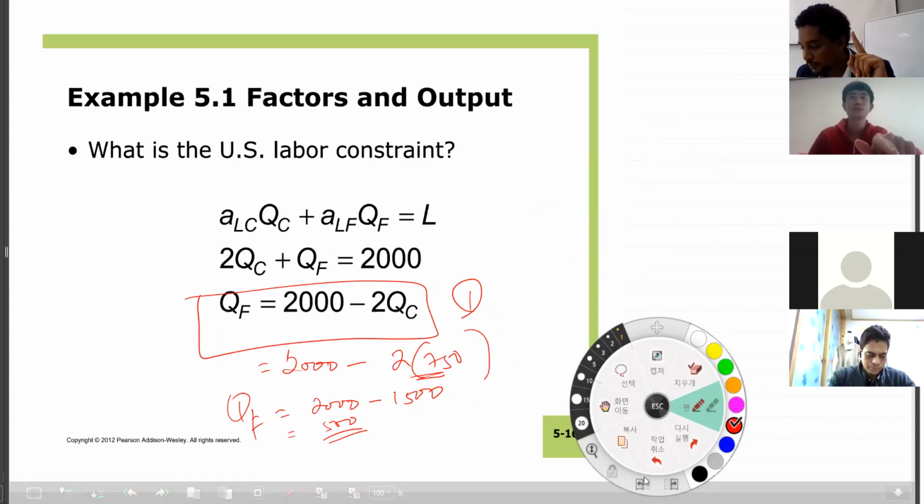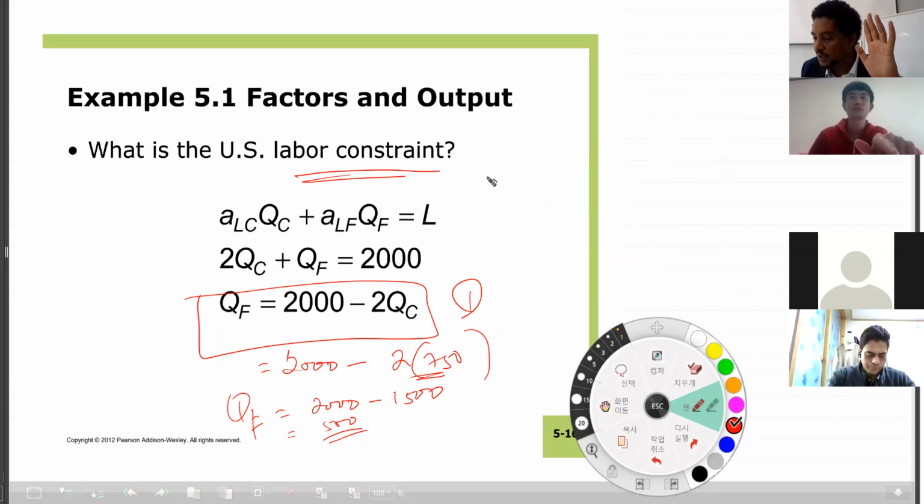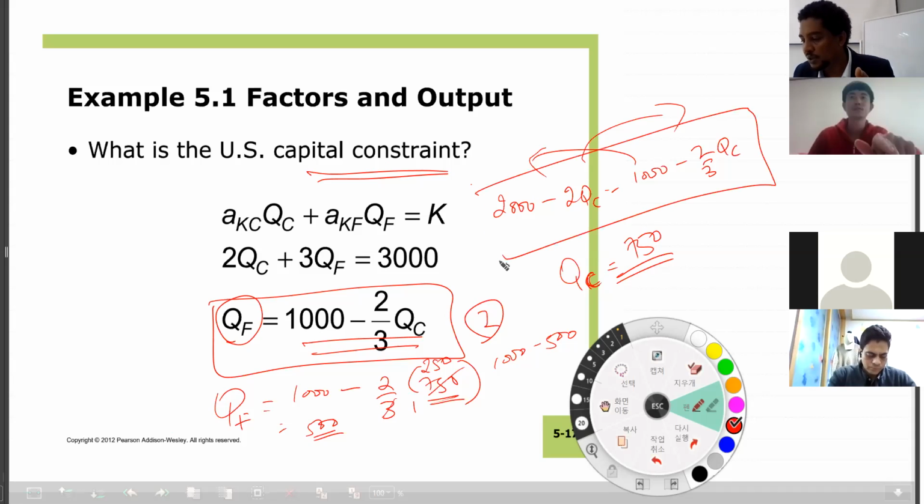First thing is you compute the equation for the labor constraint and capital constraint. Once you compute that with QF, you just compute the quantity of QC and the quantity of QF by doing this.